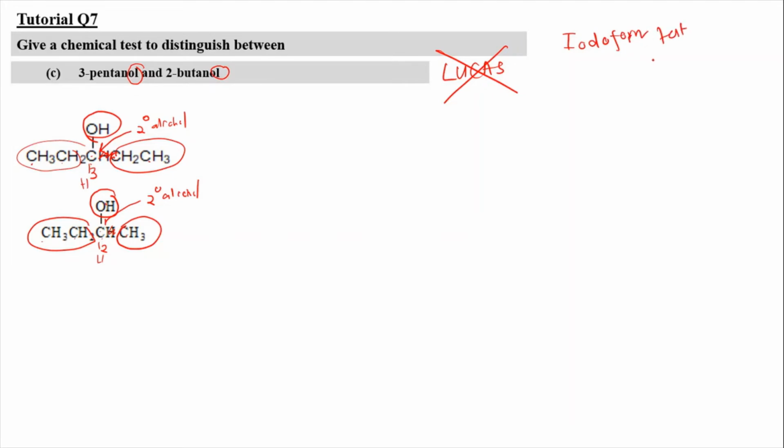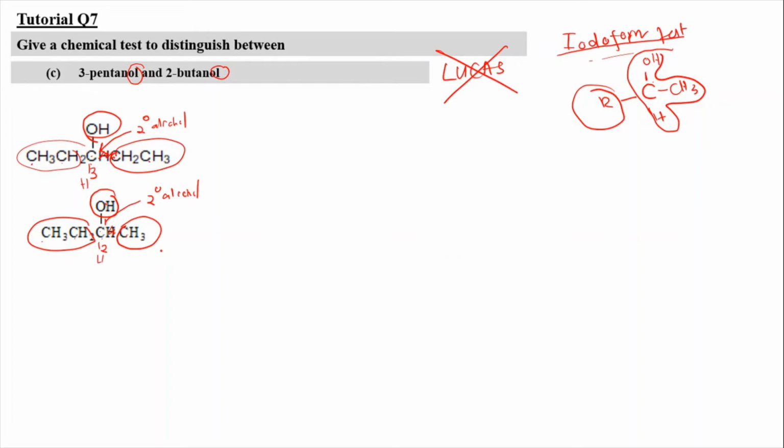The iodoform test is used in order to detect the methyl carbinol group. So the carbon is going to be attached with OH, CH3, and H here, and here can be any other stuff. When there is this kind of structure in the molecule, then we can use the iodoform test.